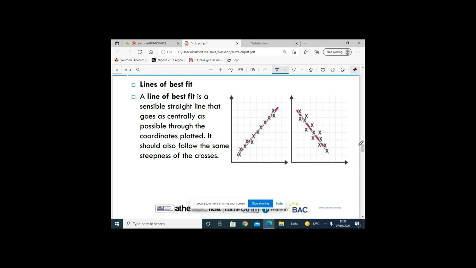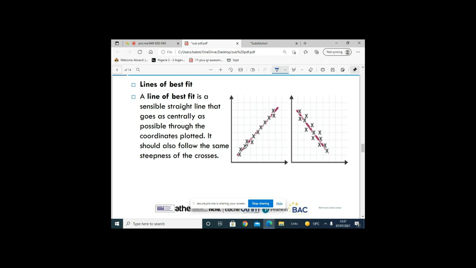So a line of best fit. A line of best fit is a sensible straight line that goes as centrally as possible through the coordinates plotted. It should follow the same steepness across.